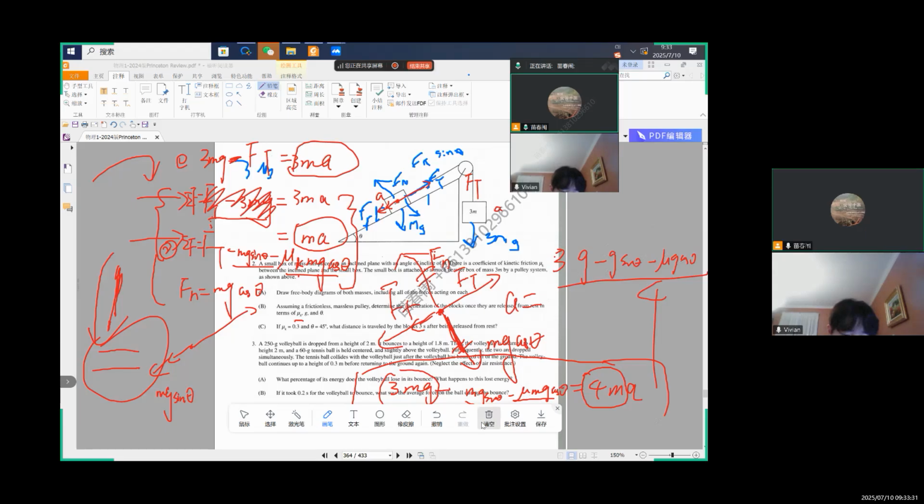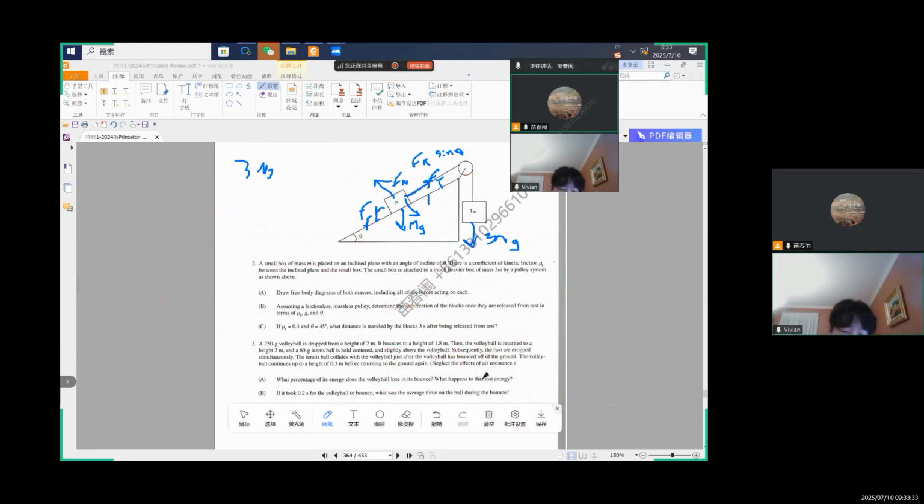Is B okay? So what should we be careful about in B? The tension. Newton's second law, right? Basically, sigma F equals ma. But you have to use it twice, right?